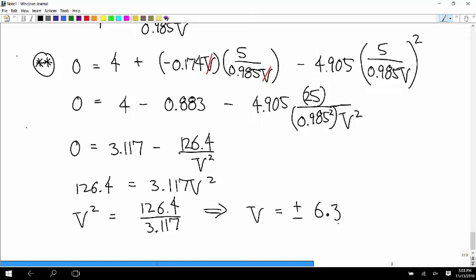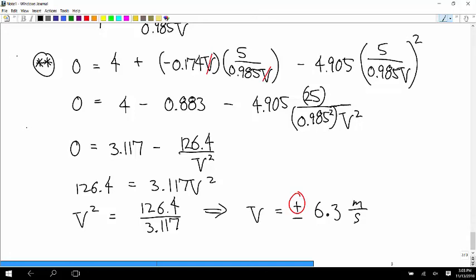I'm going to call it 6.3. This is a speed, so we want the positive. So in order to make it land 5 meters away, it needs a speed of 6.3 meters per second.